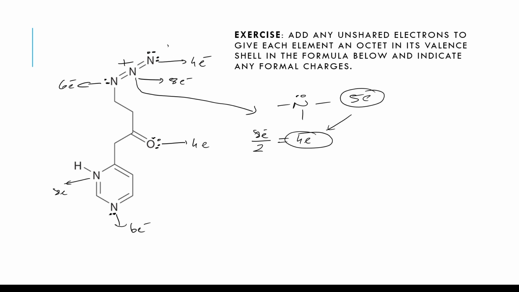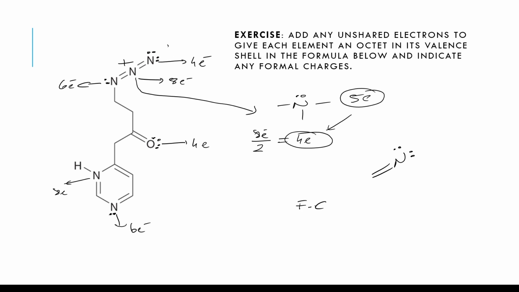Let's check the other nitrogen, this nitrogen. I'm going to rewrite here the bonding. So we have a nitrogen, we have two lone pairs. So I'm going to write a formula for the formal charge. It may be easier to follow with a formula.